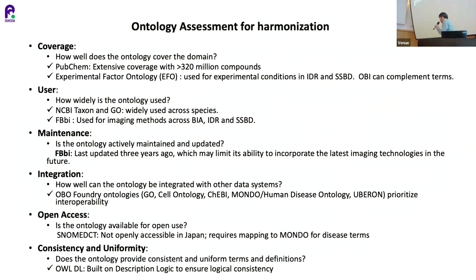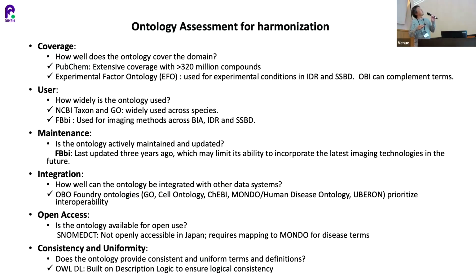We are also reviewing the results from the point of view of the ontology. The ontology was already explained by Matthew, but there are many good points and bad points. First, coverage: how well the ontology covers the domain. Ontologies are basically developed by humans, so sometimes a domain is covered and sometimes not.